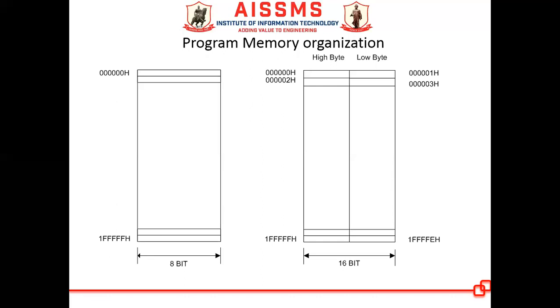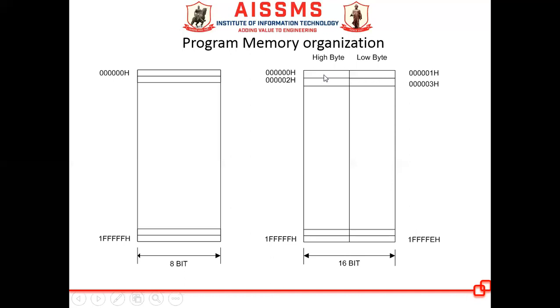Now the program memory: the instruction size in PIC microcontroller is 16-bit, or in some instructions it is 32-bit. So the 2 megabyte of program memory is organized in a way which is shown on the right hand side, in which the even addresses hold the lower byte and the odd addresses hold the higher byte of the instruction.